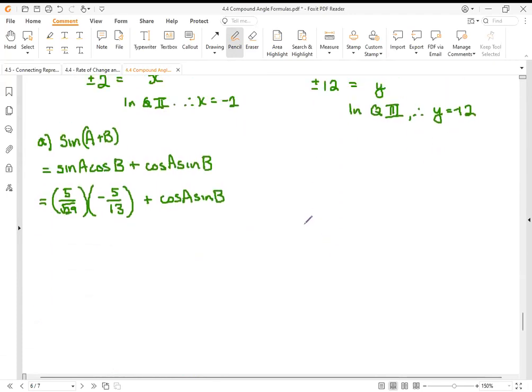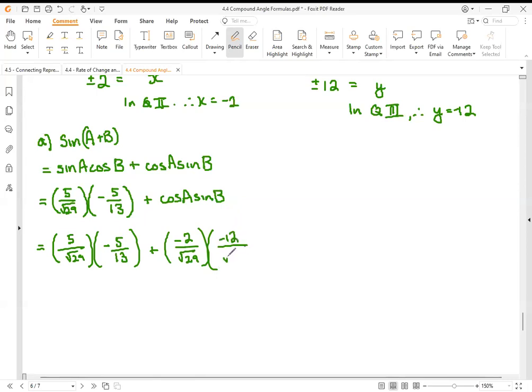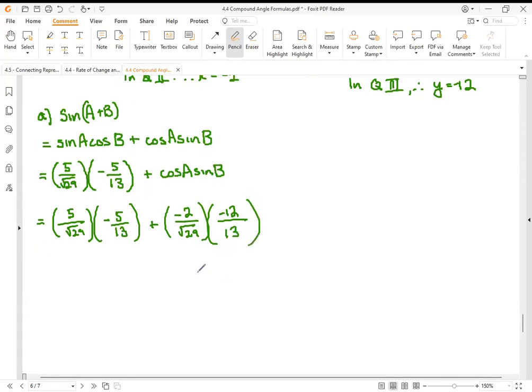Since I now have x for the A angle and y for the B angle, I can say that this is 5 over root 29, negative 5 over 13, plus cosine A, which is x over r, that is negative 2 over r. And sine of B is y over r, negative 12 over r. And the rest is just solving.